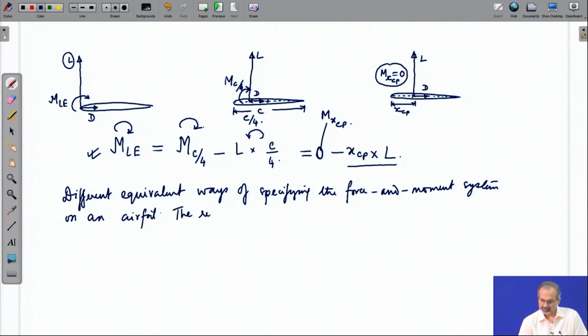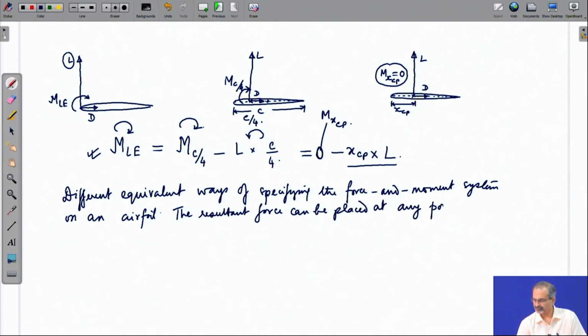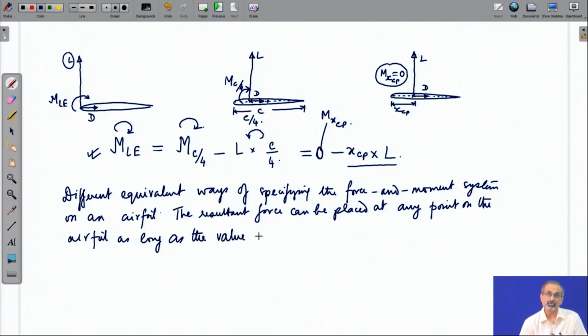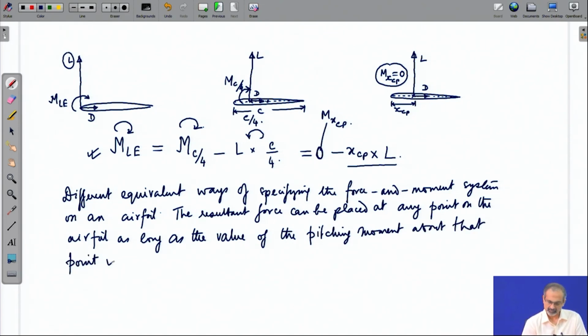The resultant force can be placed at any point on the airfoil as long as the value of the pitching moment about that point is also provided.